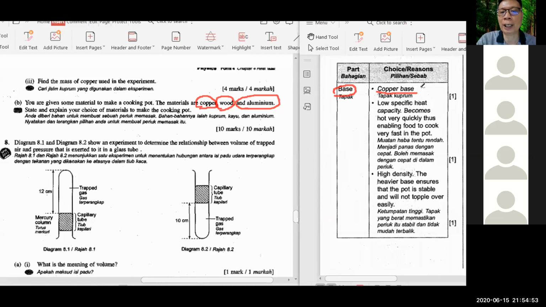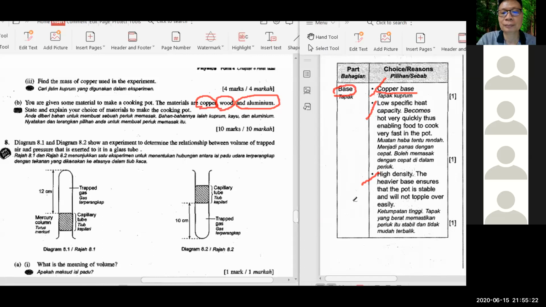You suggest the base uses copper, then you give your reason. And also high density, meaning the copper is heavier. One suggestion, one explanation here, another explanation here. You say the copper's high density is heavier. A heavier base ensures the pot is stable and will not topple over easily. So 3 marks out of 10 already.